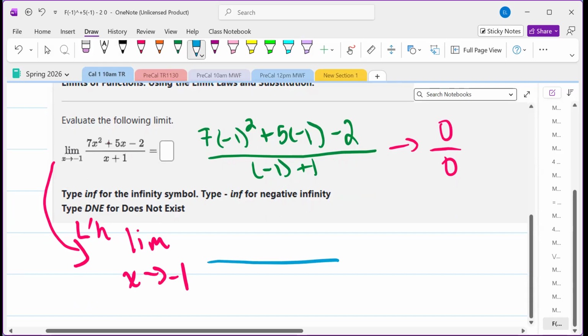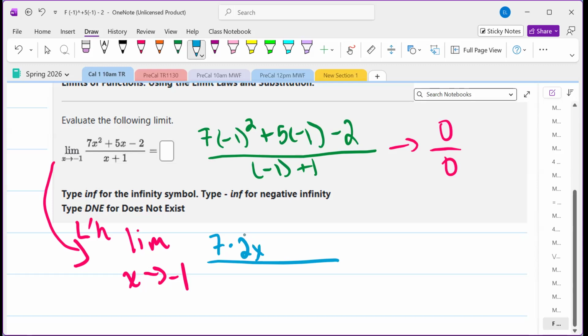The derivative of the top, the derivative of 7x squared becomes 7 times 2x plus the derivative of 5x is just 5 minus the derivative of 2 is 0, so I'm not even going to bother writing it. And on the bottom, the derivative of x is 1 plus the derivative of 1 is 0.